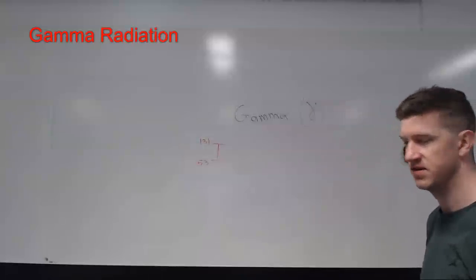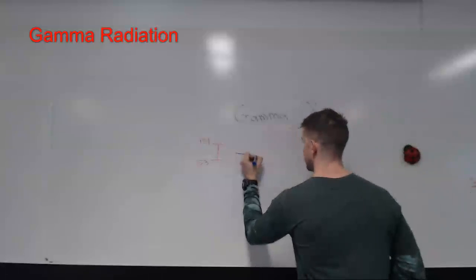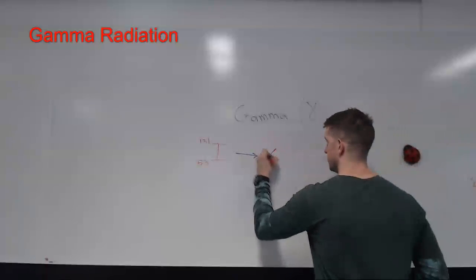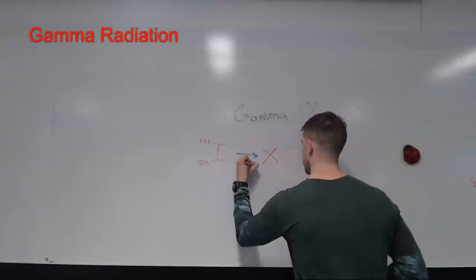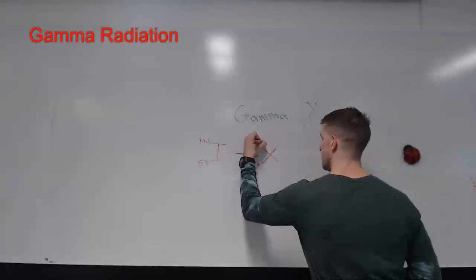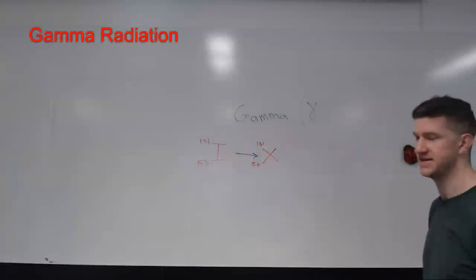Iodine is radioactive. So when iodine decays or breaks down, iodine decays into the element xenon. Xenon has the atomic number 54. And in this case, it has 131 protons and neutrons, its atomic mass.